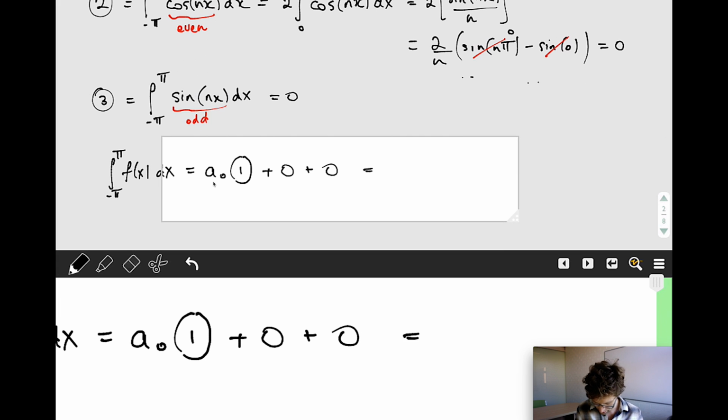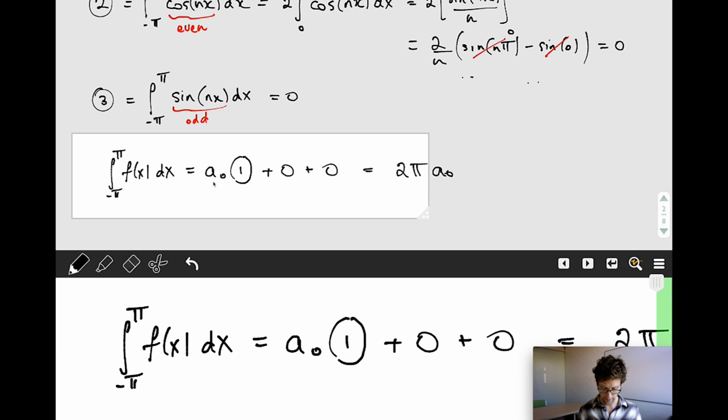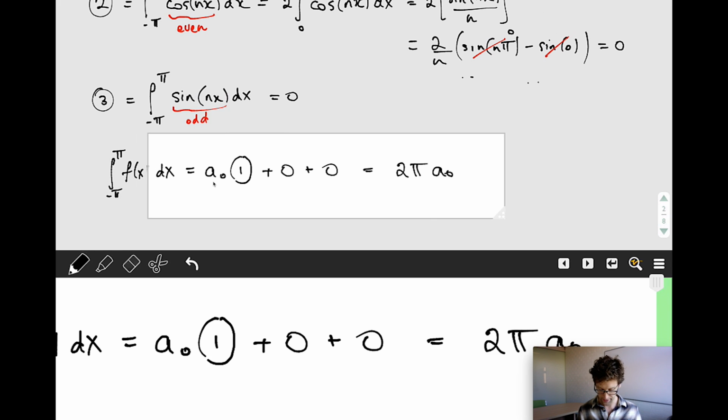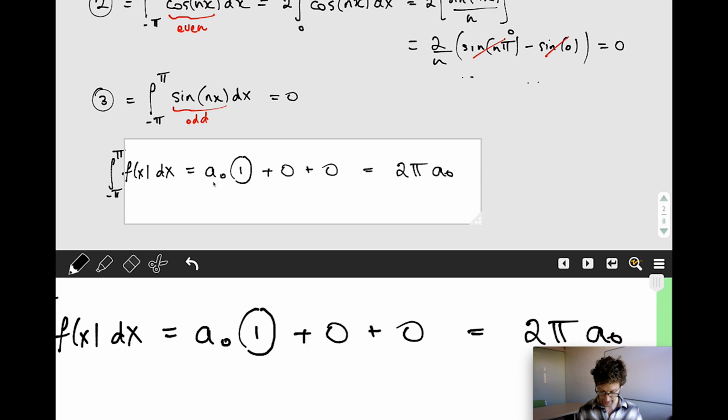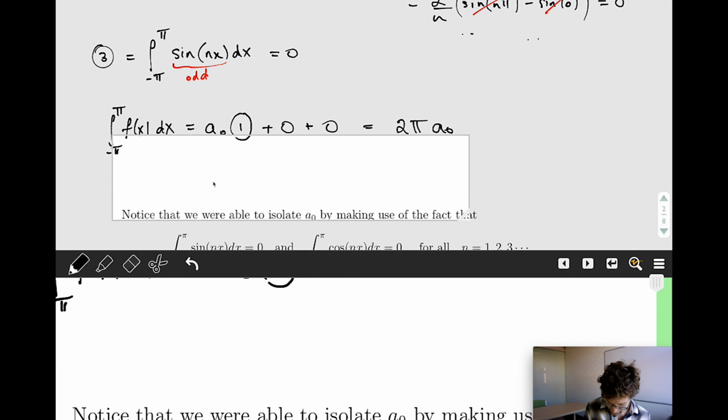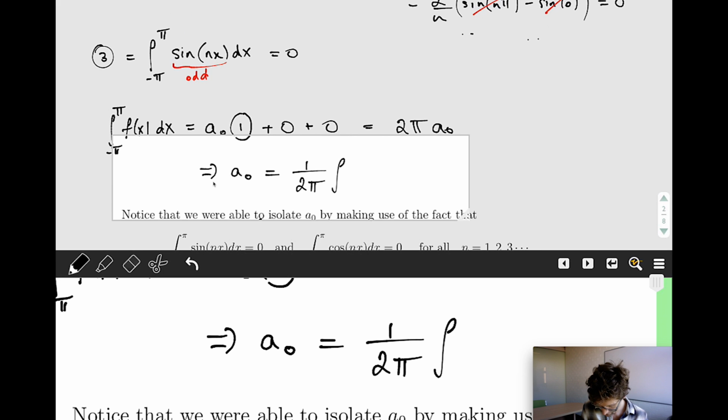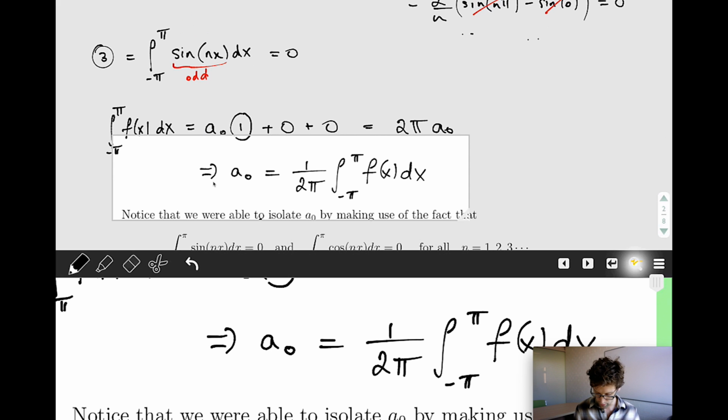We saw that the integral 1 was 2 pi. So we have the integral of f of x dx from minus pi to pi is equal to 2 pi a0, which I can easily rearrange to give me an expression for a0. That's exactly my formula for the coefficient a0.